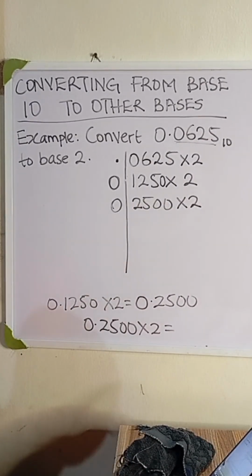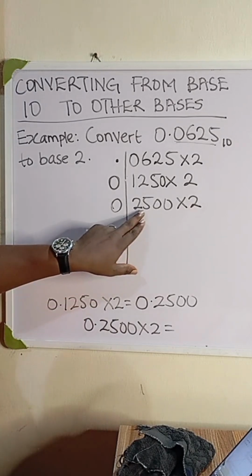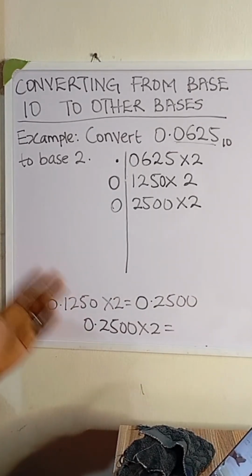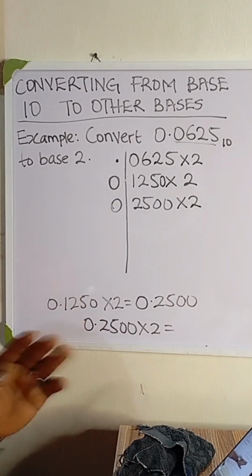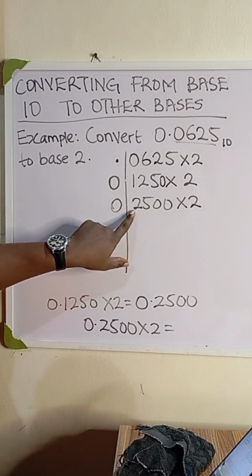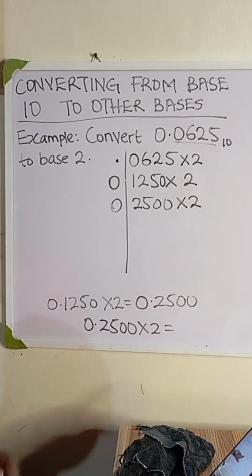Yeah, we decided to maintain 4 decimal places. So although it is 25, we added 00. It's the same thing. 0.25 and 0.2500 is the same thing. So now we are multiplying this 0.2500 by 2. What are we going to get?